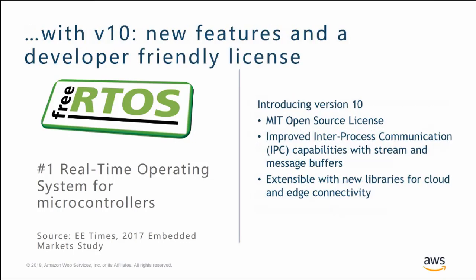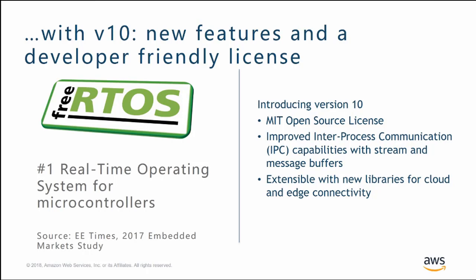And when we announced Amazon FreeRTOS, we also introduced a new version of the FreeRTOS kernel, version 10. And this does two really important things. The first is a transition to an MIT open source license from the modified GPL v2 that it was previously distributed under.